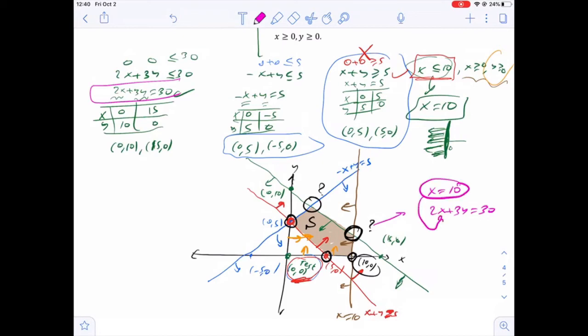X is 10, so we just plug it in to find the value of y. 2 times 10 plus 3y equals 30. 20 plus 3y equals 30, and then we subtract 20 from both sides. We get 3y equals 10. That means y equals 10/3. So the point is (10, 10/3).